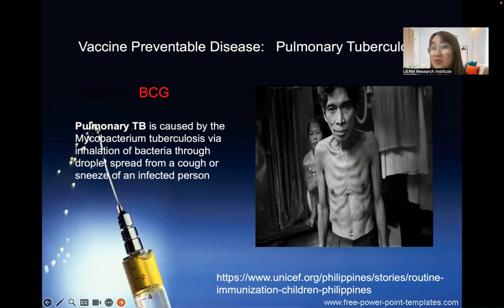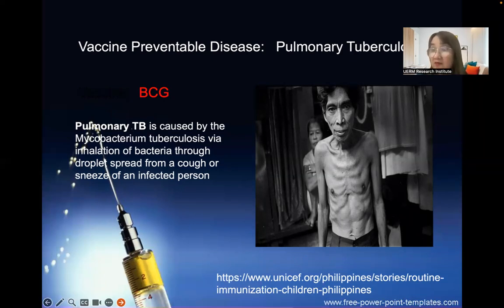So tuberculosis is an infection that most often attacks the lungs. In infants and young children, it affects other parts of the body like the brain, bones, joints, and other internal organs. So we call that extrapulmonary or miliary tuberculosis. A severe case could cause serious complications or death. The BCG vaccination has a protective effect against meningitis and disseminated TB in children.